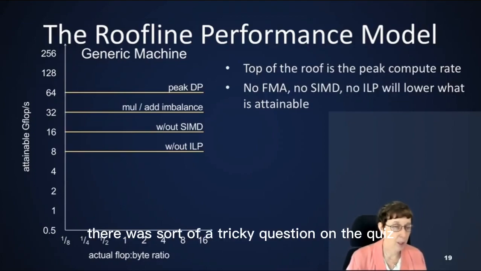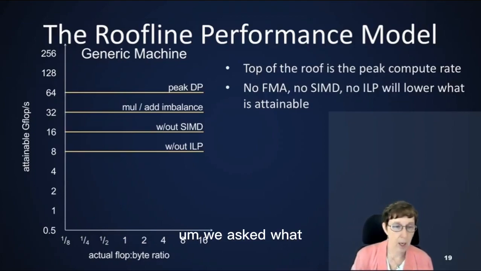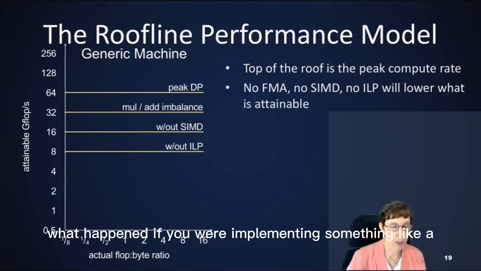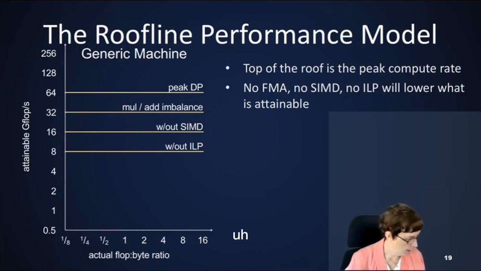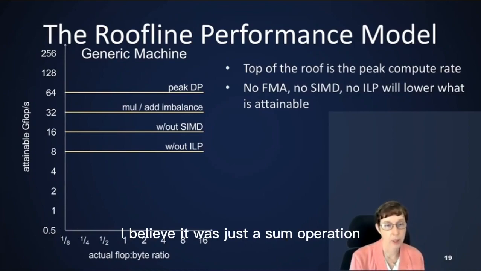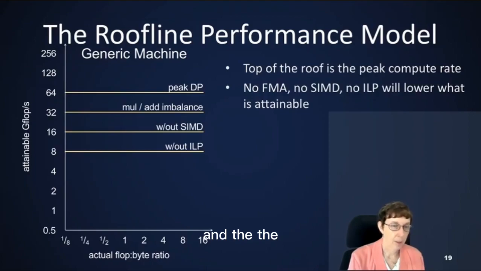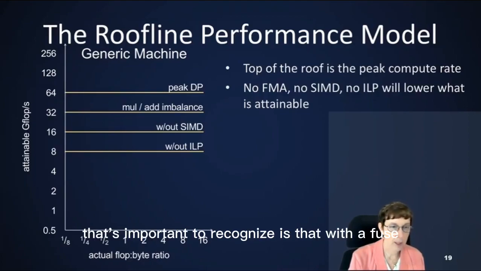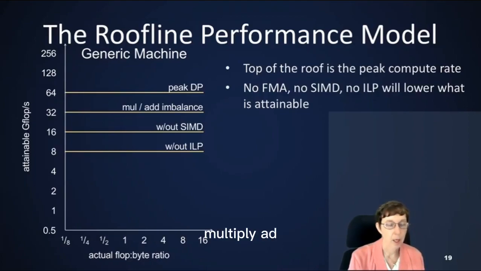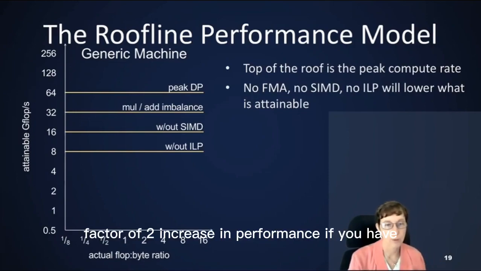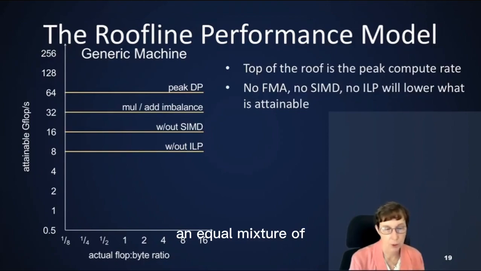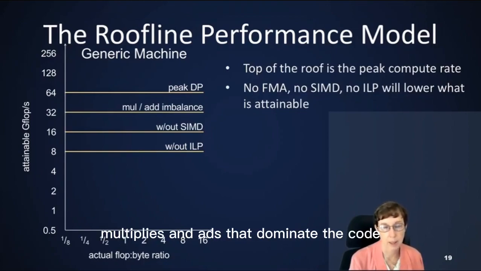There was sort of a tricky question on the quiz. We asked what would happen if you were implementing something like, I believe it was just a sum operation, and you were using a machine that had a fused multiply-add instruction. And the thing that's important to recognize is that with a fused multiply-add, you can only get that factor of 2 increase in performance if you have an equal mixture of multiplies and adds that dominate the code.